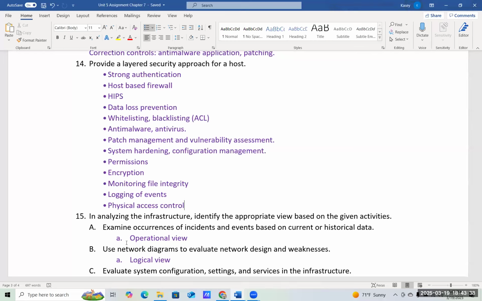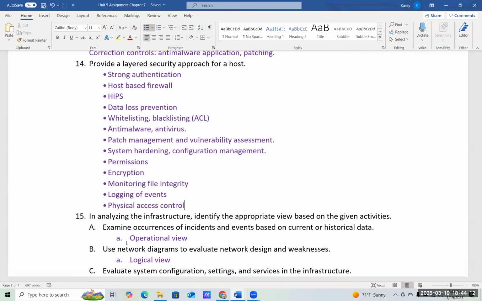So when you're analyzing the infrastructure, looking at the past or the current activities that are happening, that's called operational view. Because that's happening in your operation now, or it happened yesterday. So events that already occurred or are currently happening now are part of your operational view.